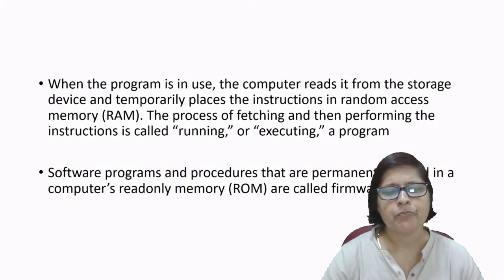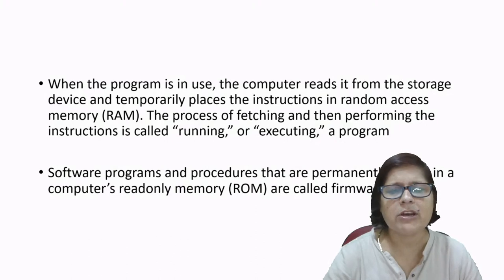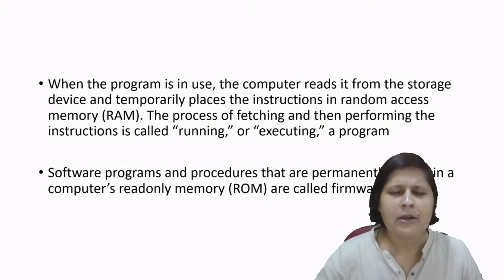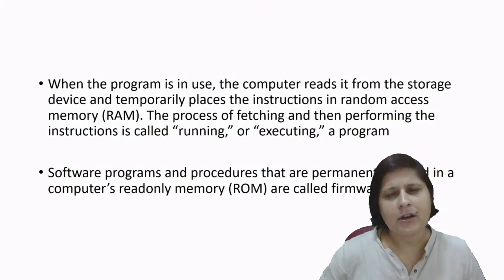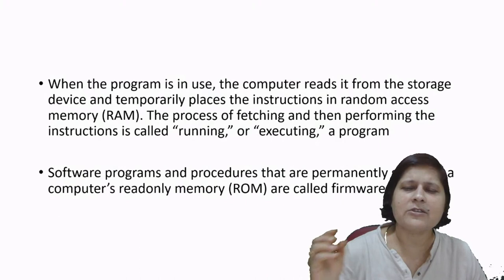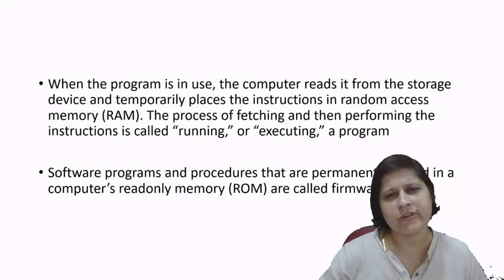Software programs and procedures that are permanently stored in the computer's read-only memory, ROM, are called firmware. In RAM, the programs are temporarily stored, and that is known as fetching or execution of the program.